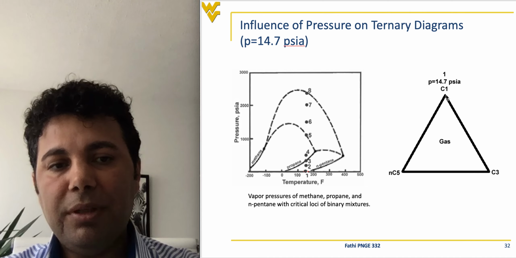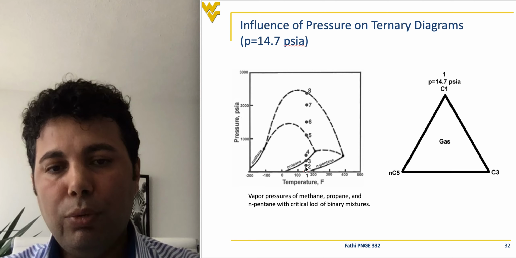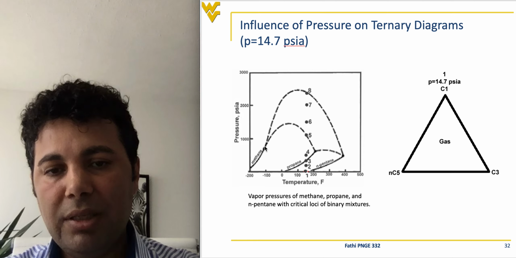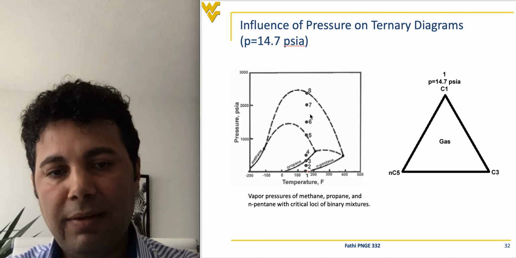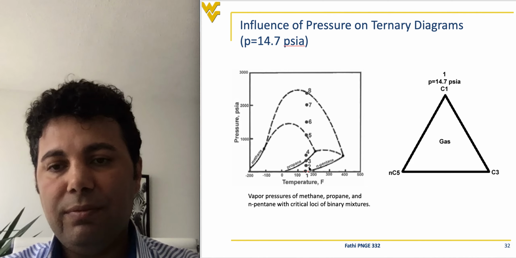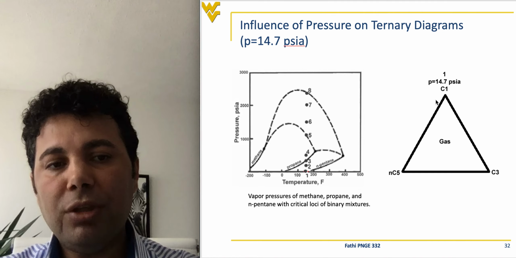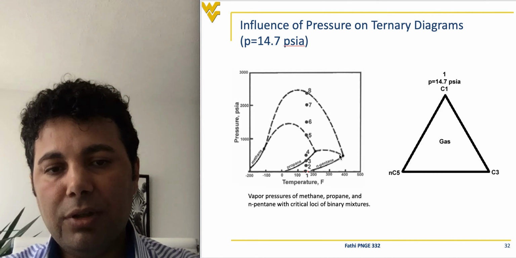If I look at the C1 and C5 lateral, point 2 is located inside the two-phase envelope. So this is my methane, this is my N-pentane, and this is the envelope. So point 2 is inside this big envelope. So definitely I will have a two-phase region. I would have gas, liquid, and the two-phase region, depending on how much of C1 is mixed with how much of C5. Because this is my locus of the critical points.